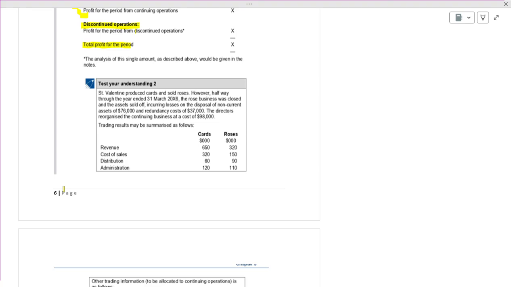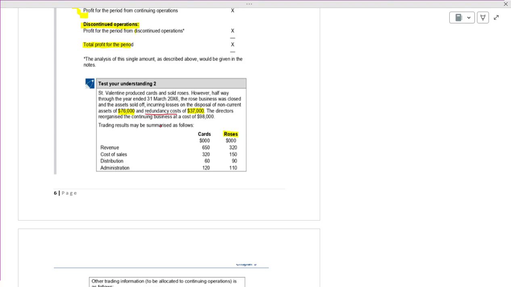The assets have been sold off, incurring losses of 76,000, and redundancy cost. Redundancy cost means the cost which is not productive. We have closed it, but we have to pay. We will come across this word all through. We cannot stop immediately at 6 months; for the next 6 months you have to pay expenses.